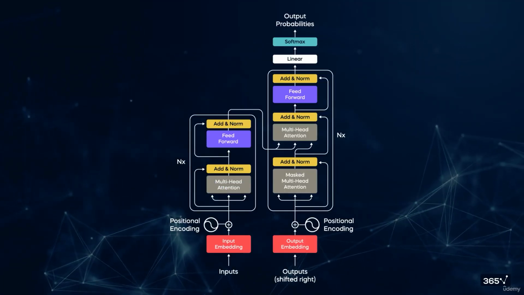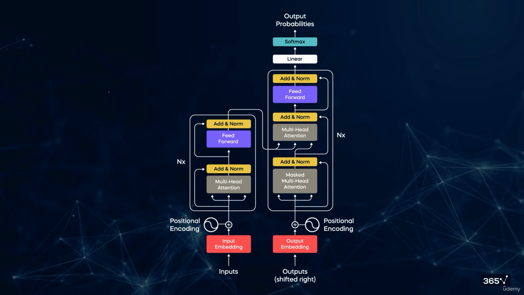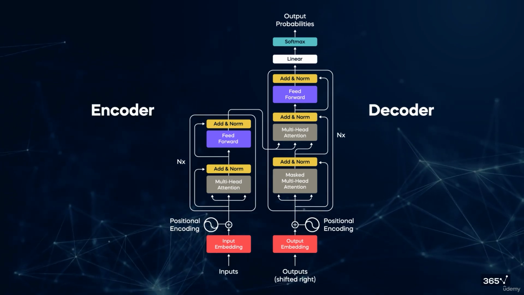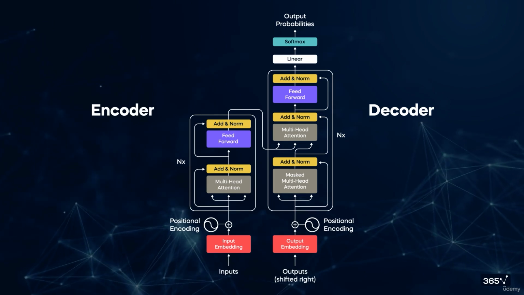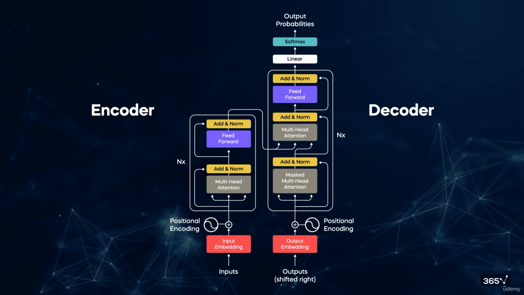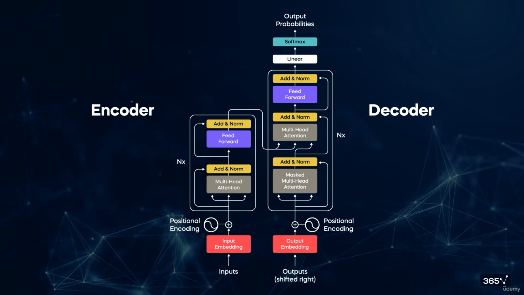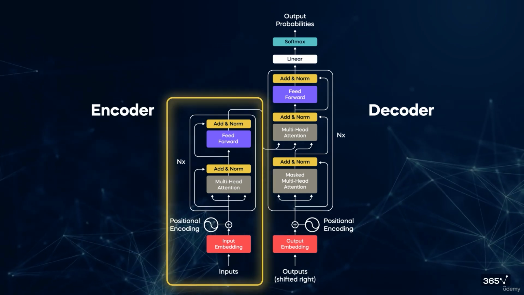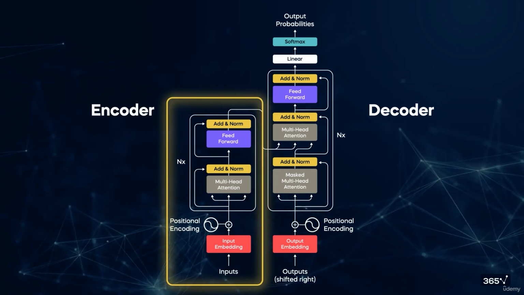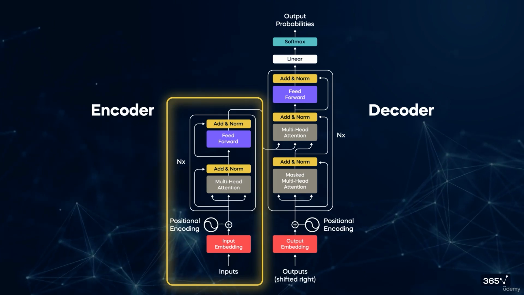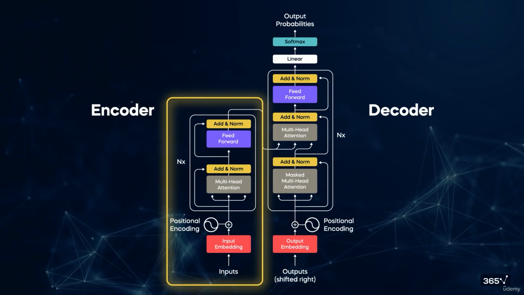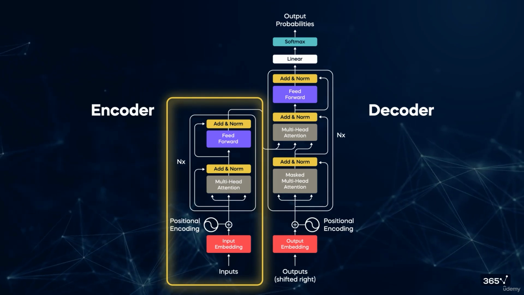Think back to our lessons on the transformer architecture. You'll remember we had an encoder block and a decoder block that process the inputs and outputs when training our model. A main difference in BERT's architecture is that it only employs the encoder part of the transformer. This is because it's primarily used for pre-training on large text corpora, rather than for sequence-to-sequence tasks.